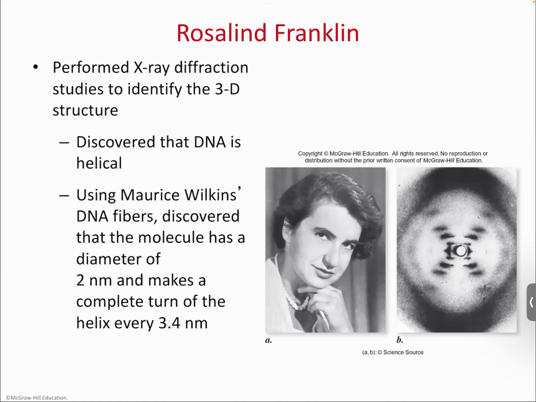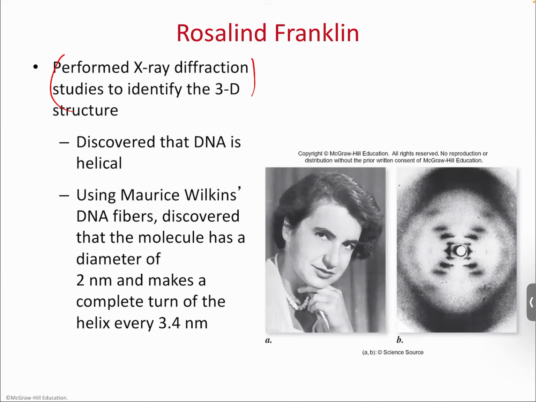Because Rosalind is the star of the show. Linus Pauling discovered alpha helix, but remember, alpha helix is just a single helix. So what Rosalind Franklin did is she was working on what's called X-ray diffraction studies. And so the way X-ray diffraction works is you take a pure molecule, in this case like DNA, and you blast X-rays at it, and then you collect the scatter pattern on the other side.